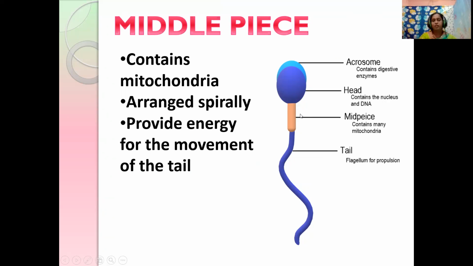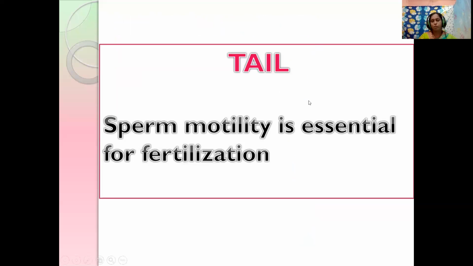Here the mitochondria are described as part of the middle piece of the sperm. This gives energy for the movement of the tail. Without movement, the sperm cannot fertilize. So the tail is moved by the high number of mitochondria present in the middle piece.